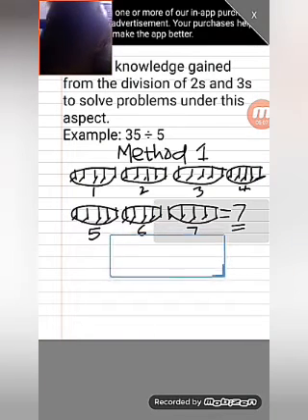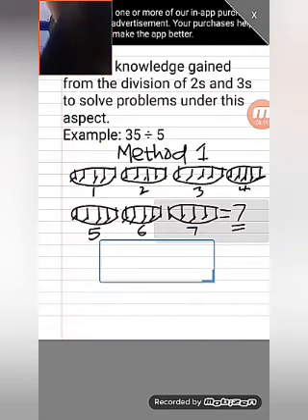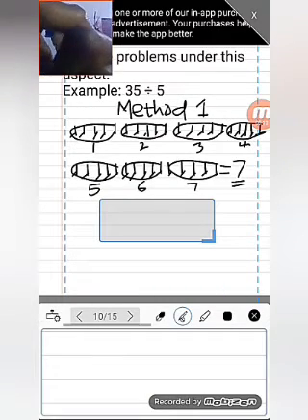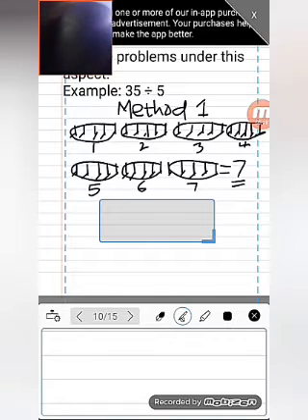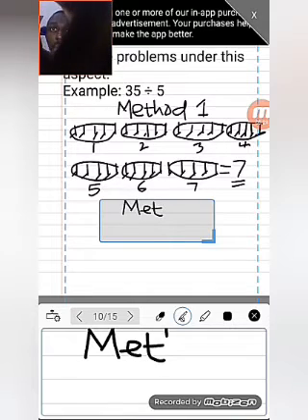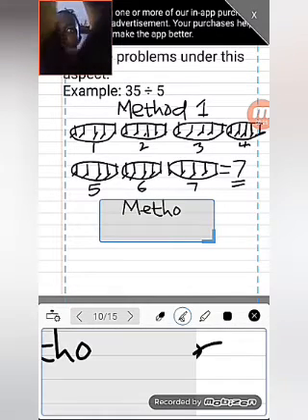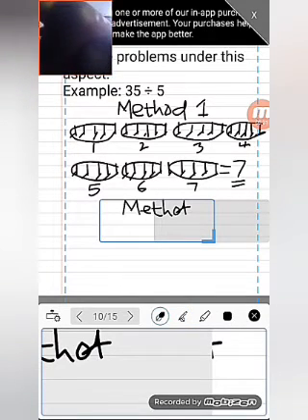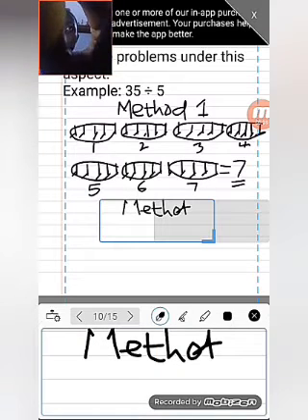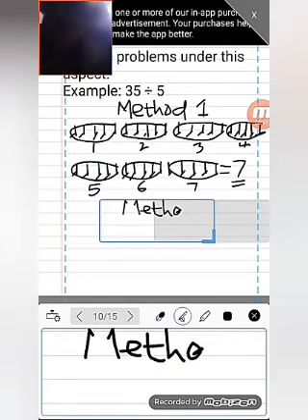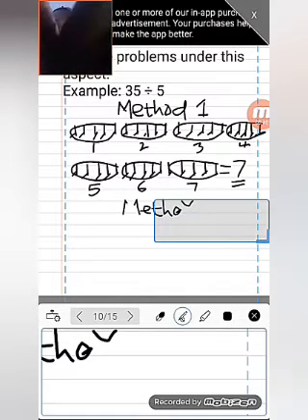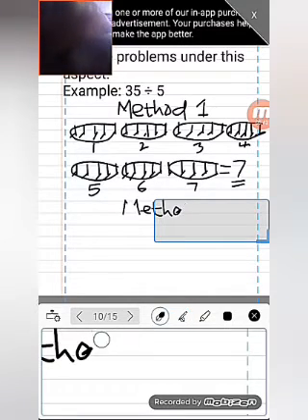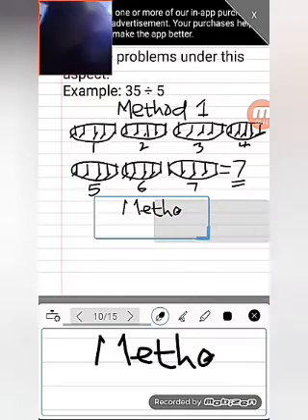But now we are moving to the advanced method, which is using the knowledge of your multiplication table to solve this. So let's do method 2. Knowing your multiplication table is not hard. You can just start with 2 times 1 to get a chart like the one I'm using here. Get a chart and simply use the chart to recite them.